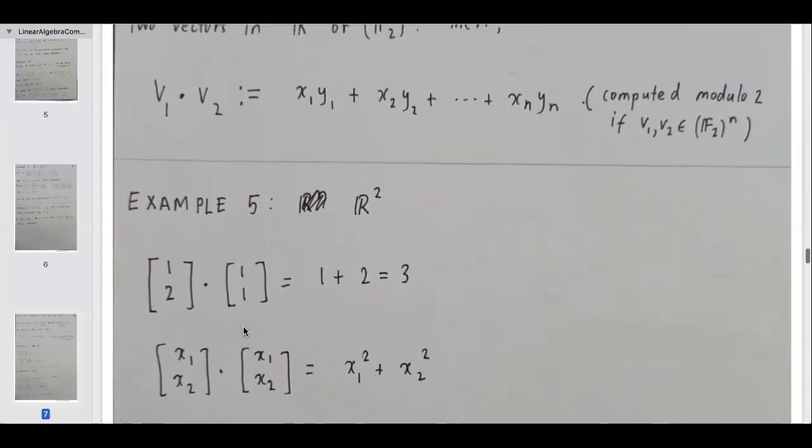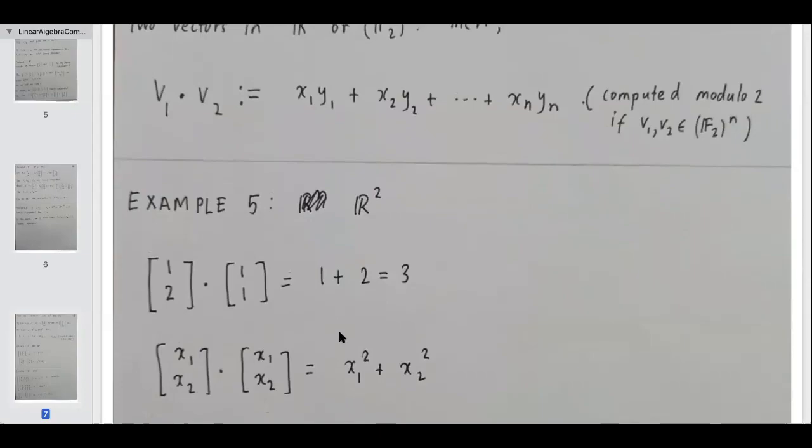So just a quick example in R2. If I have the vector (1, 2) dot (1, 1), I just add 1 times 1 plus 2 times 1, which is 3. And in general, (x1, x2) dot (x1, x2), the same vector dotted with itself, is x1 squared plus x2 squared.